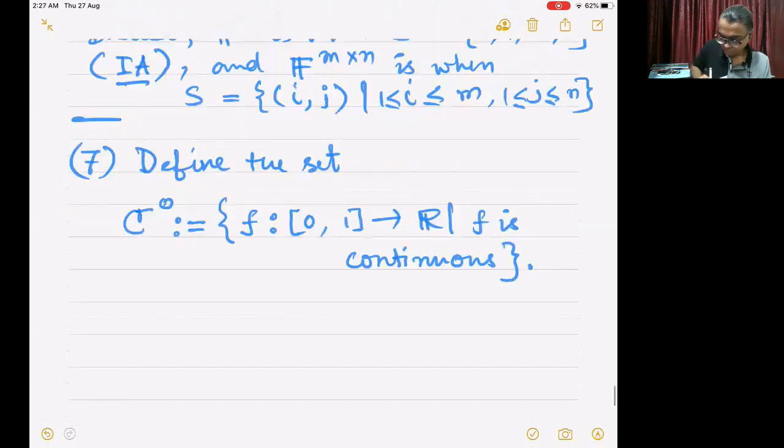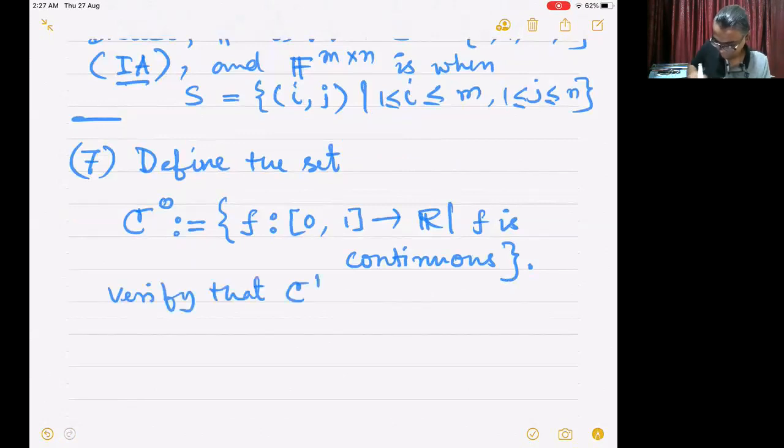Yeah, you are going to verify that this is a vector space. Verify that C0 is a vector space over R.